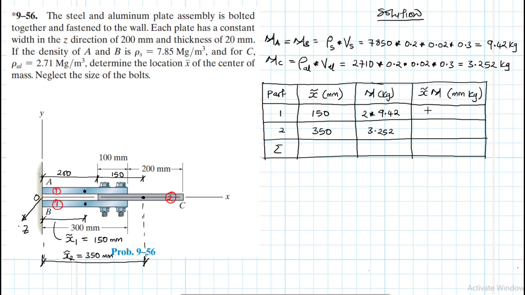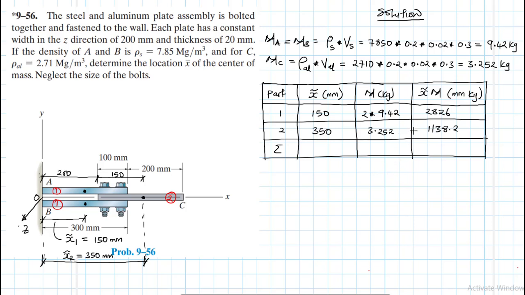What do we have? We have 2826, then the other one 350 by 3.252, we have 1138.2.